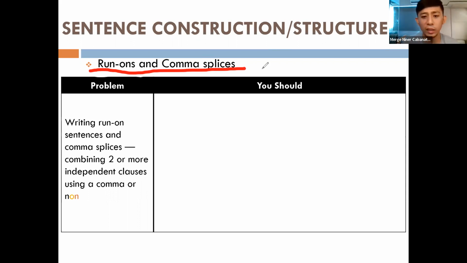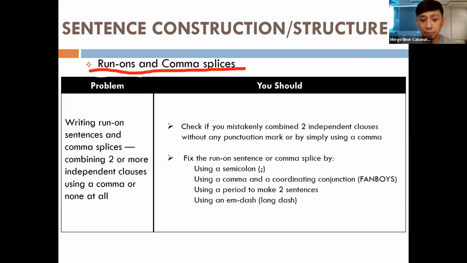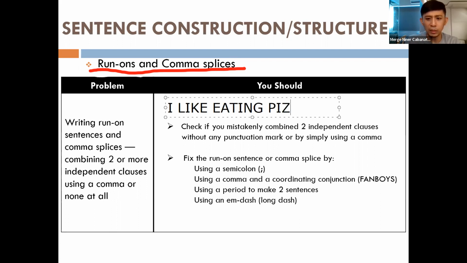Alright. So what is a run on and what is a comma splice? So pag sinabi po nating run on, yung sentence mo, pinagdugtong mo yung parehong sentence na wala kang ginagamit na connector. Halimbawa, I like eating pizza.